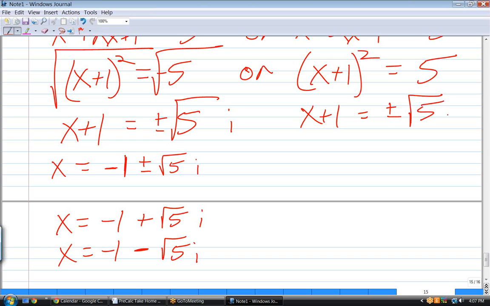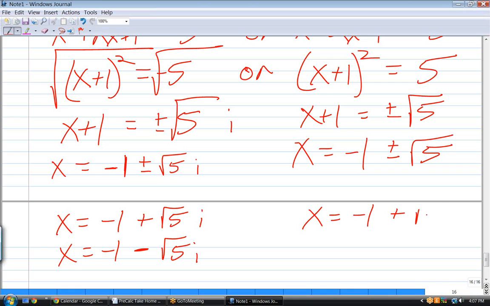And now the last step over here is to subtract 1 from both sides. Again. Then we're going to do x equals negative 1 plus or minus the square root of 5. And that answer is this or this. And these are 4 separate answers. Notice both of the answers on the left are imaginary numbers or complex numbers, whatever you want to call them.